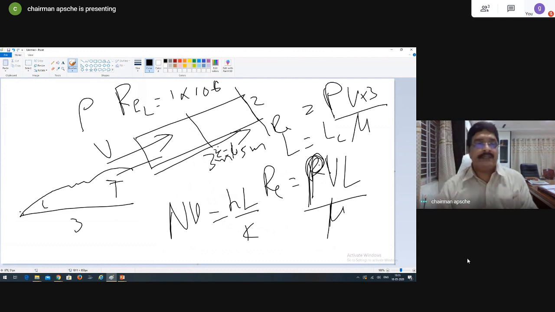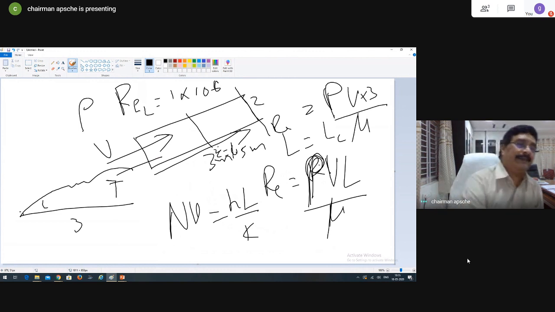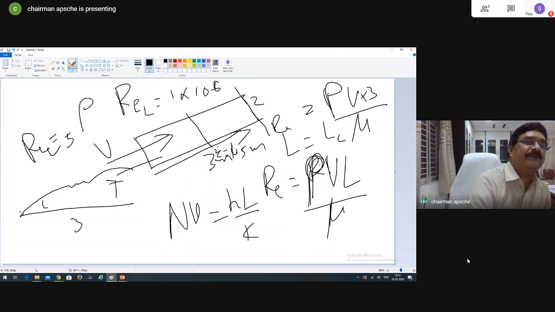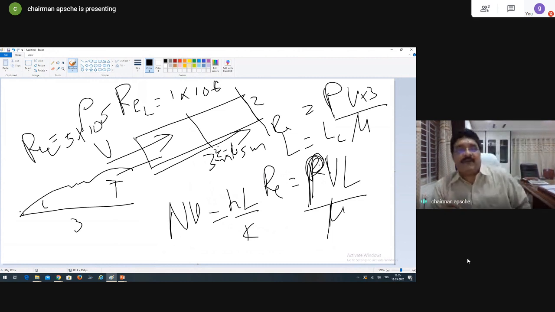What is the critical Reynolds number for a flat plate? It is 5 into 10 power 5. Any value less than 5 into 10 power 5, we say laminar. Any value greater than 5 into 10 power 5, we say turbulent.